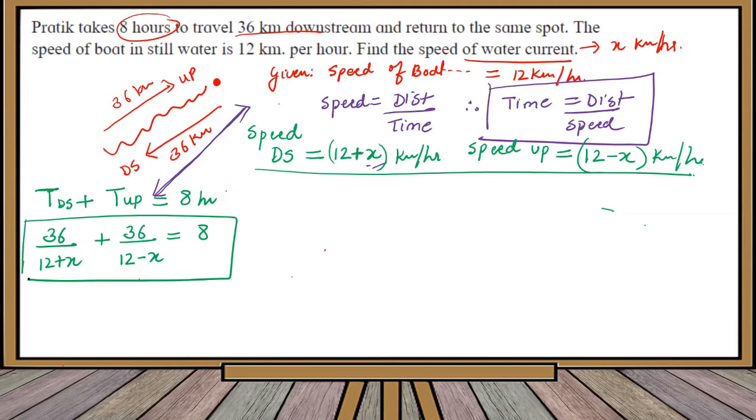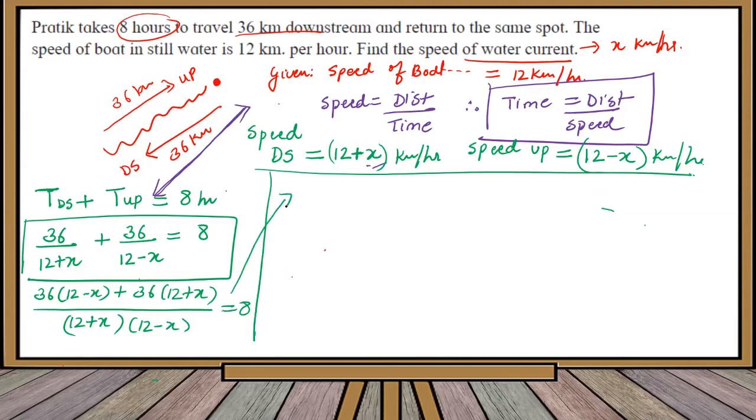Now we need to cross multiply and try to convert this into a quadratic. So if I cross multiply, this will be 36 into 12 minus x plus 36 into 12 plus x, the whole upon 12 plus x into 12 minus x, equal to 8.